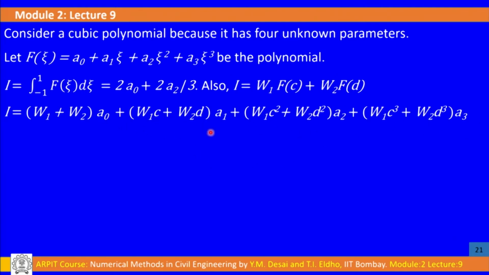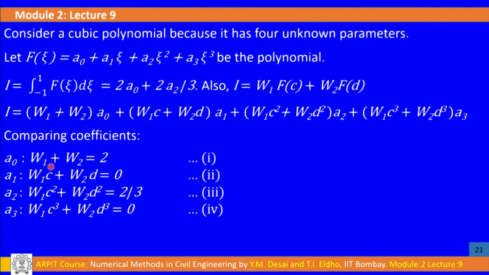Now, in this numerically computed value and the analytical expression, we compare the coefficients of A0, A1, A2 and A3. As a result, we get 4 algebraic equations. We notice that some of these equations are nonlinear. If we can solve these 4 equations in 4 unknowns uniquely, we have solved the problem.